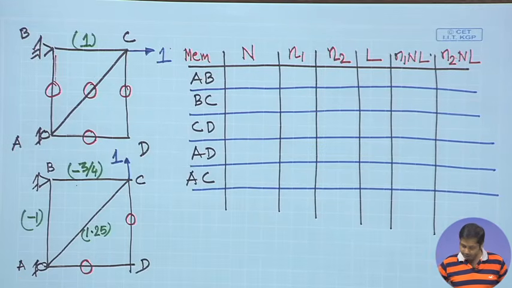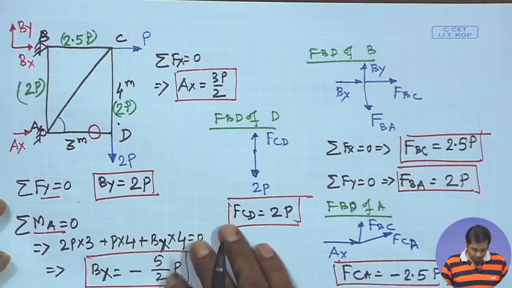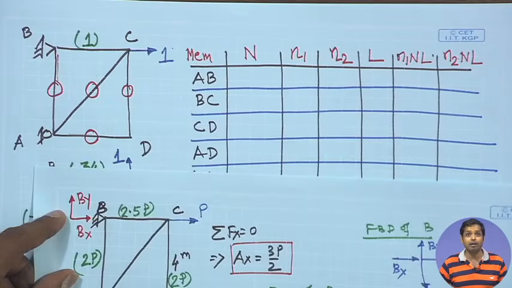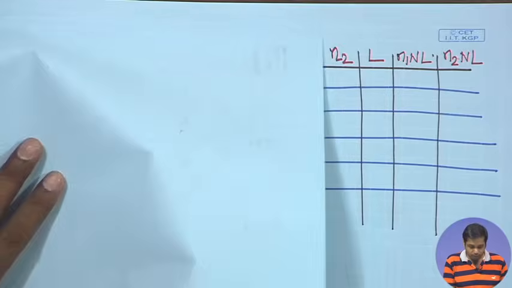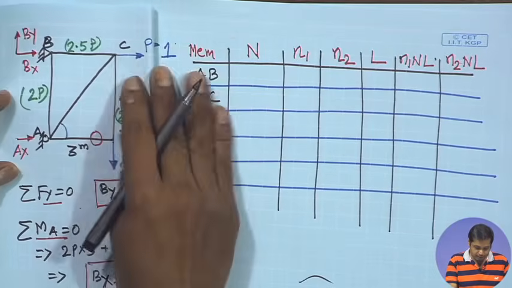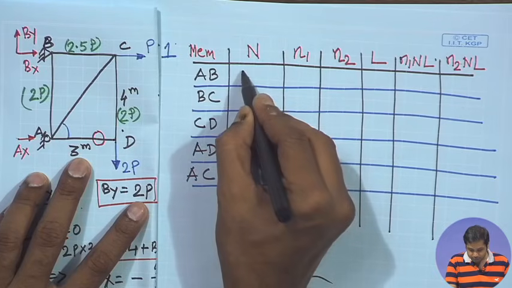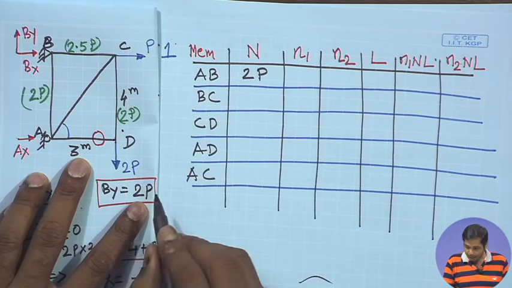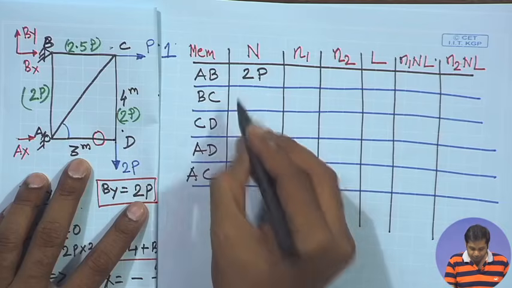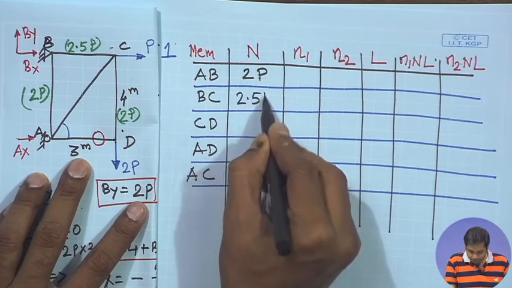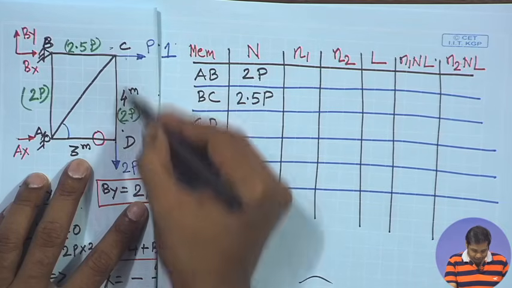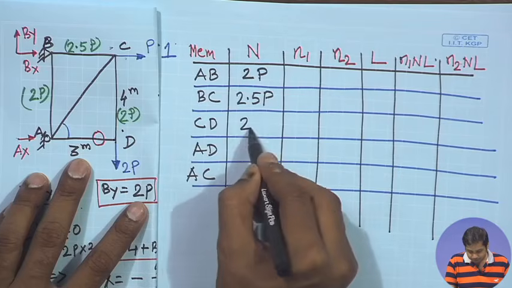Okay. Now, let us see what forces we have. The member forces in AB is 2p, in BC it is 2.5p, and in CD it is 2p.